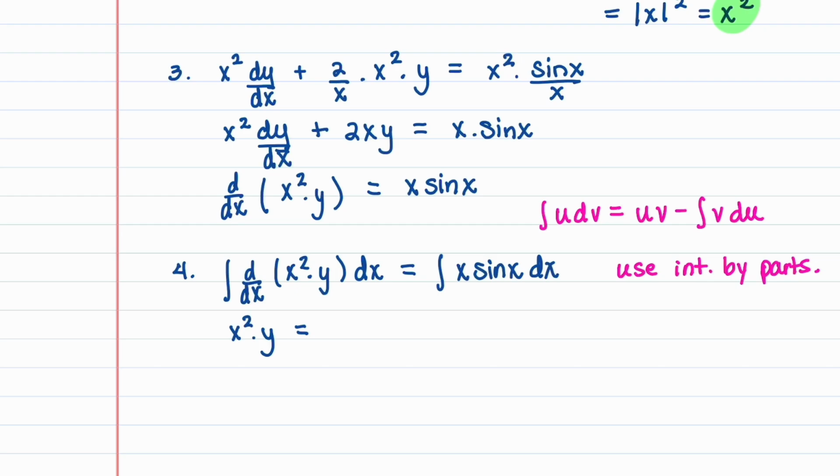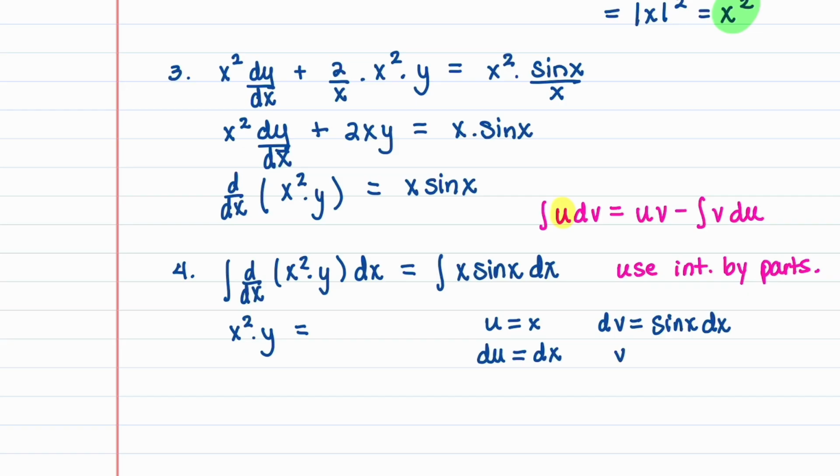You always want to choose the u to be the function that when you take the derivative, it becomes simplified. We're going to let u be equal to x because when we take the derivative, we just get dx. And then dv is sine x dx.